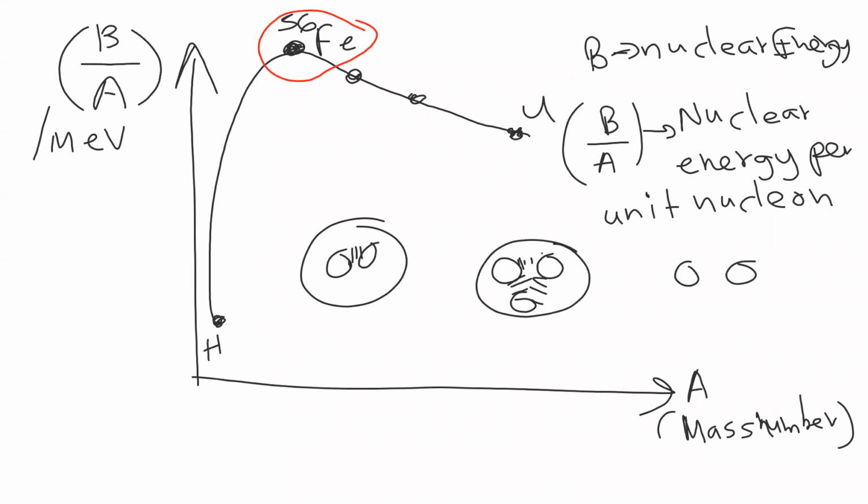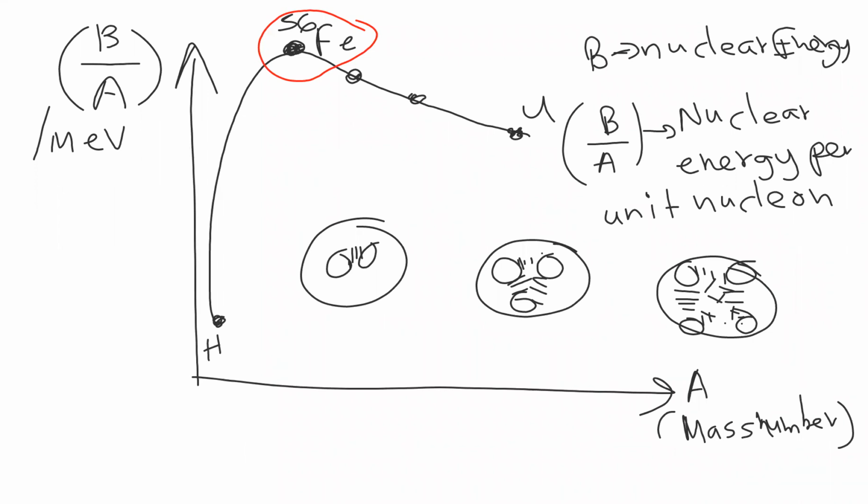If four, there will be like six bonds. That means when the number of nucleons increases, automatically the number of bonds increases. The higher the number of bonds, the higher the binding energy. That means the higher the energy it gives out when the nucleus is formed.